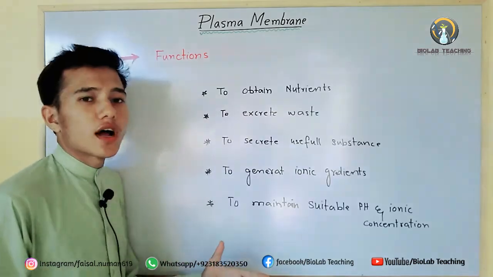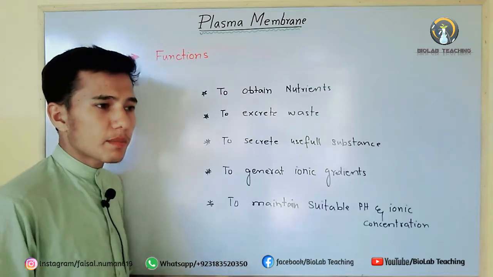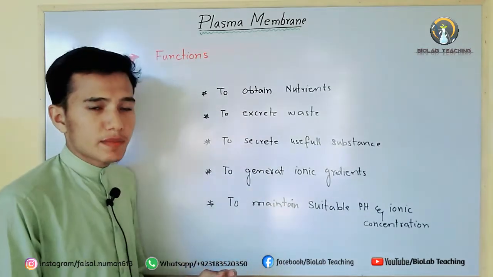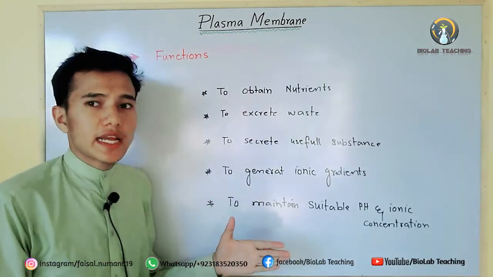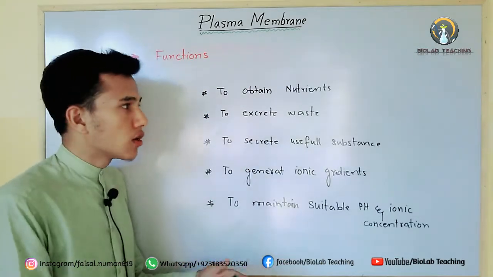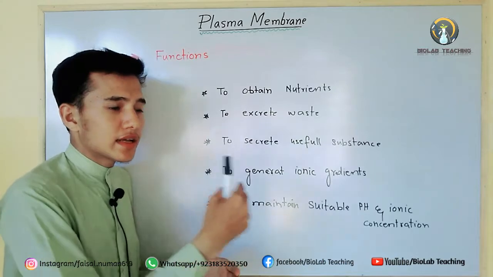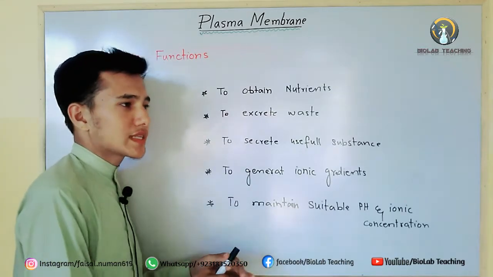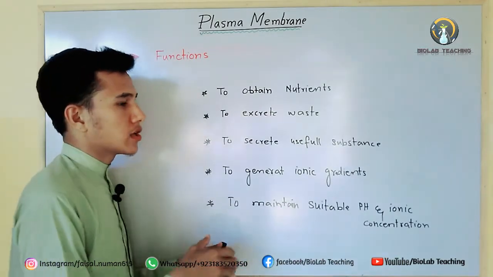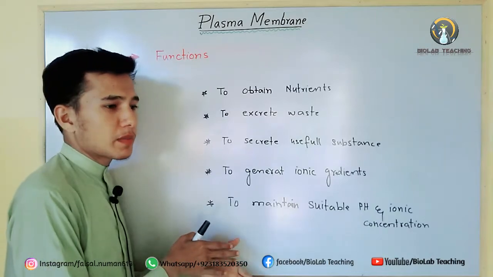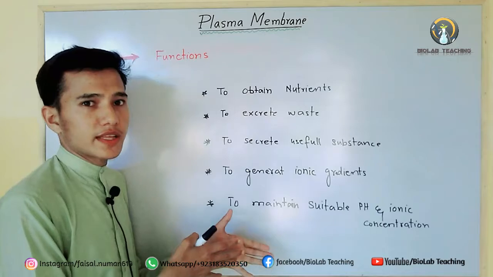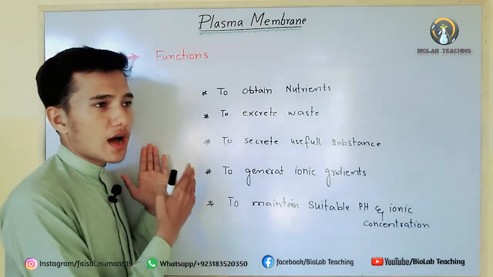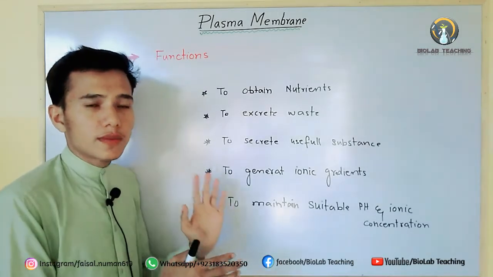Now to the functions of the plasma membrane. There are a lot of functions, but I write a few functions of the plasma membrane below. The function of the plasma membrane is to obtain nutrients. If the cells need nutrients, they come by diffusion, by passive diffusion, by the transport mechanism, and by endocytosis and exocytosis that we already studied in previous topics.